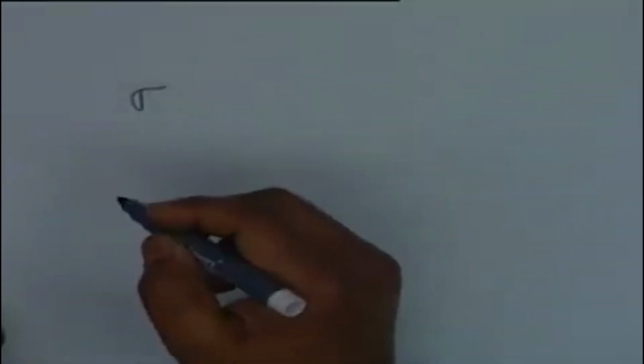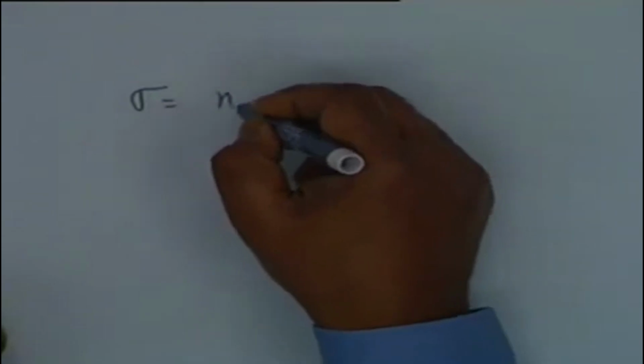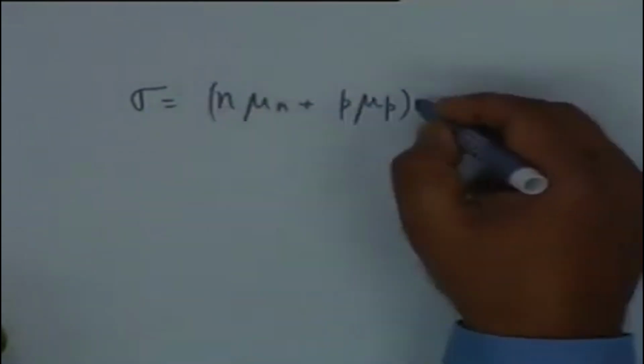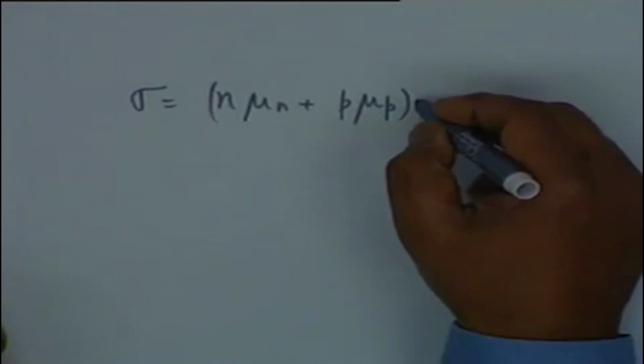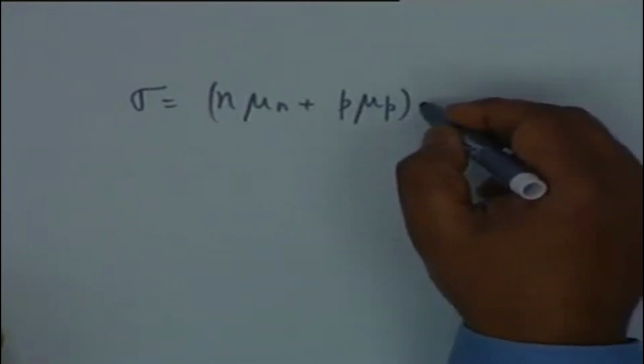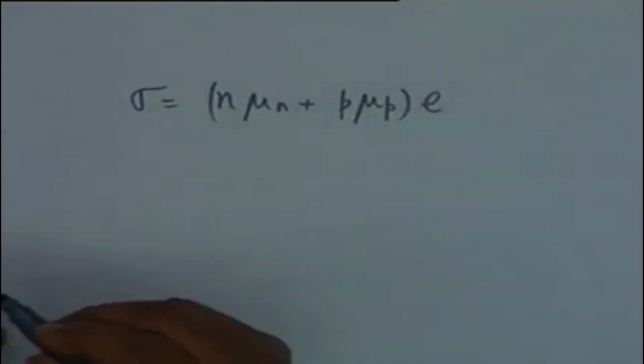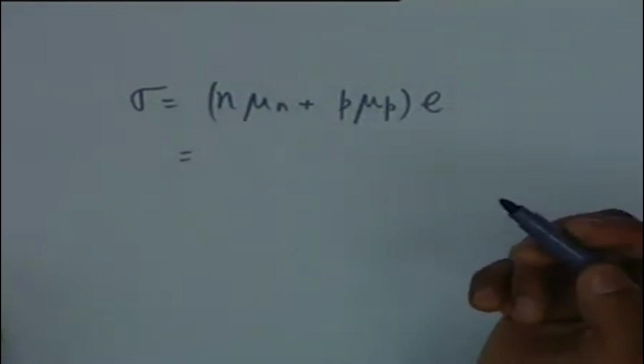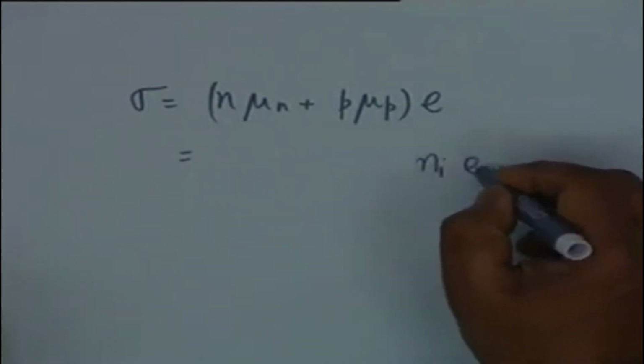And if we calculate the sigma, the conductivity, it is n mu n plus p mu p times the electronic charge, and n and p are equal, they are equal to Ni in intrinsic silicon.